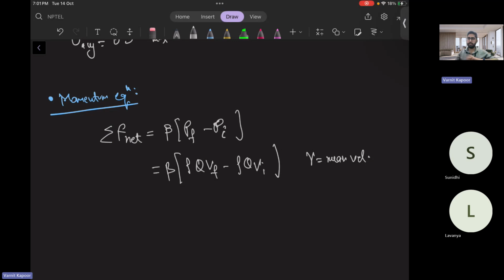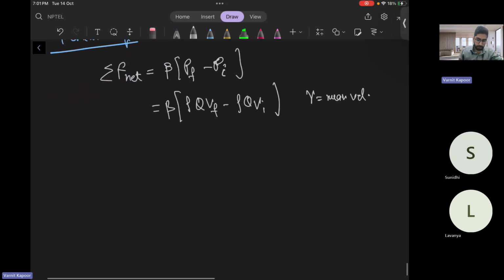When you are taking the correction factor, you take the mean velocity. If you are taking the actual velocity, then there is no need to take the mean velocity. Okay.